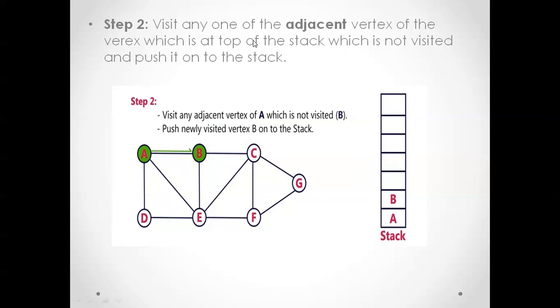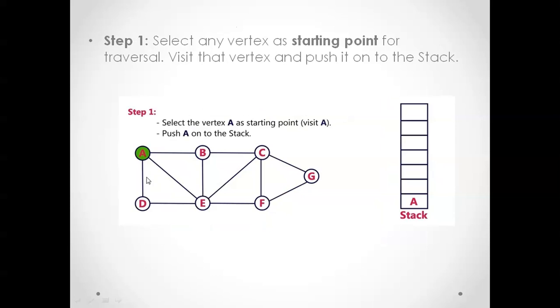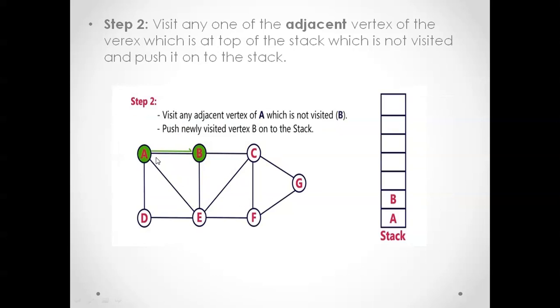Visit one of the adjacent vertices of the vertex at the top of the stack which is not visited, and push it into the stack. Here, we visited A. From here you can visit B, E, or D. Whatever you visit, you need to push into the stack. Now I visited an adjacent of A. We have B here, and also E. But I chose the B vertex as the next visited.